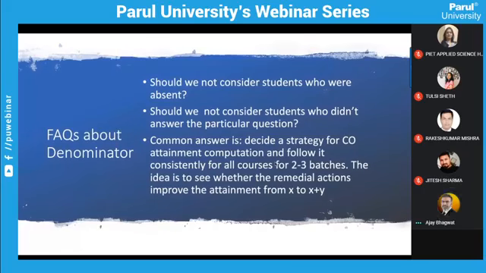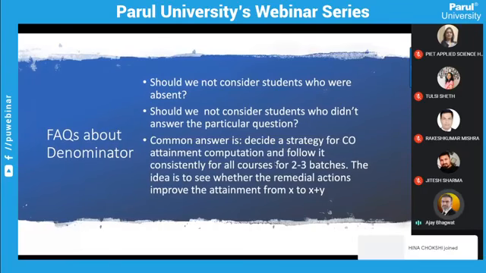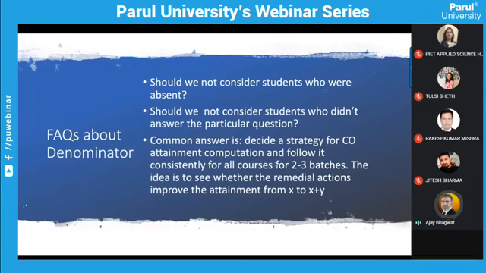Now, these 2 questions come from the fact that there is a fear in the minds of the teacher that, if I would stick to 60, then naturally the attainment percentage will be low. And naturally, then it will be a problem. And if I would remove the absent students and students who did not answer the question, that means the denominator will be lower, and then the attainment percentage will be higher, and then the bigger number will look good, and then my problem is solved.